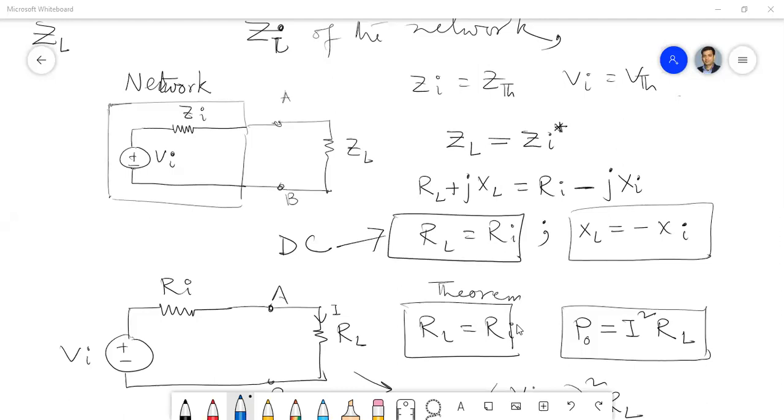Sir, probably XL equal to minus XI means the current is flowing in the opposite direction in the inductor. I'm just guessing. No, sorry, I've made a mistake.